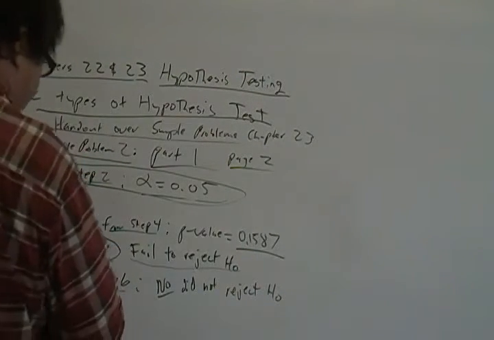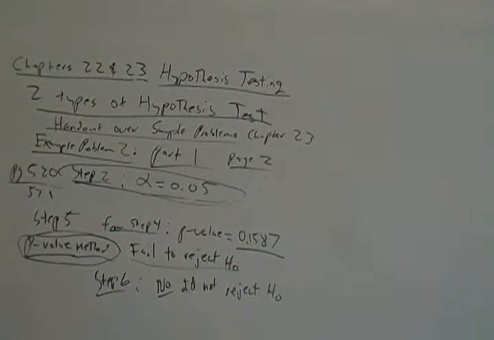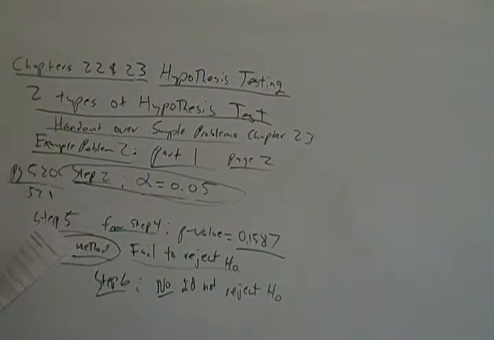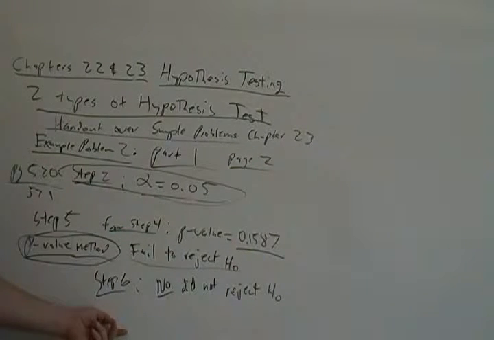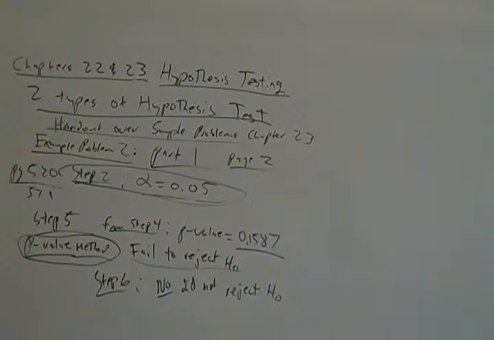I'll let you read the final. Since we did not reject H0, the answer was no to that last question. So that says that we do not have sufficient sample evidence to support our claim that the mean body temperature of all adult humans is greater than 98.2 degrees.